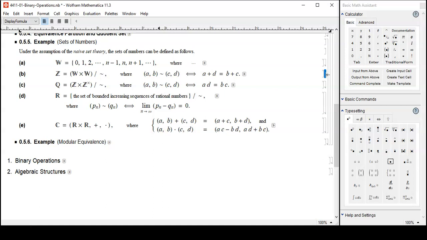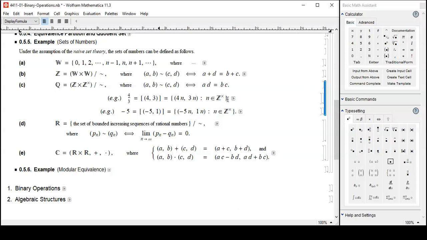Let's use similar ideas. This time start from integer cross non-zero integer, because the denominator cannot be 0, and then we consider an equivalence relation defined like this. The proof of whether this is actually an equivalence relation is left to the students, and then basically we are defining a fraction a over b, like this.